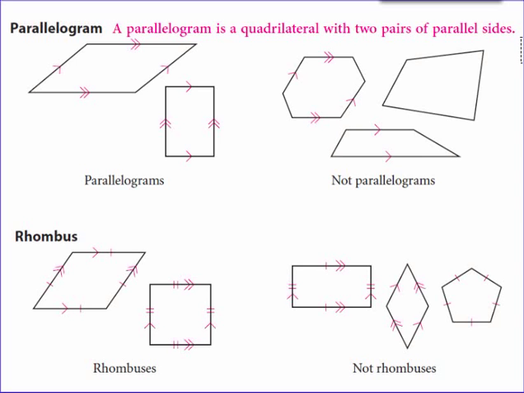What did we just classify and say that two pairs of parallel sides was? A parallelogram. So let's even refine it more. A rhombus is a parallelogram, okay, with 4 equal sides. Or we could call it an equilateral parallelogram if we wanted to be more specific.